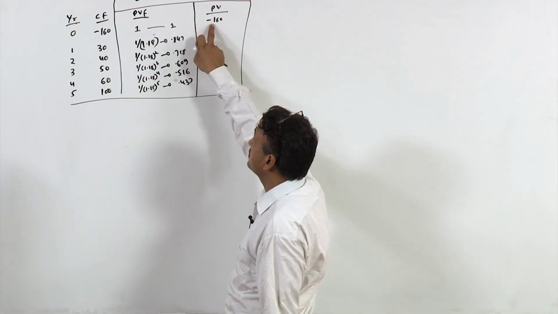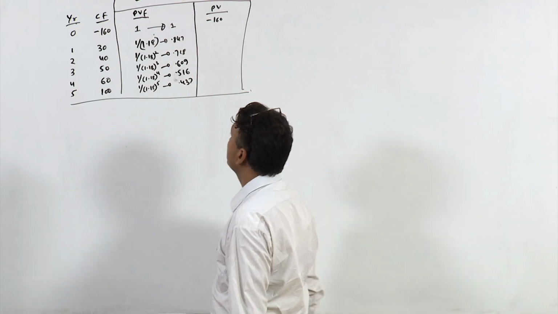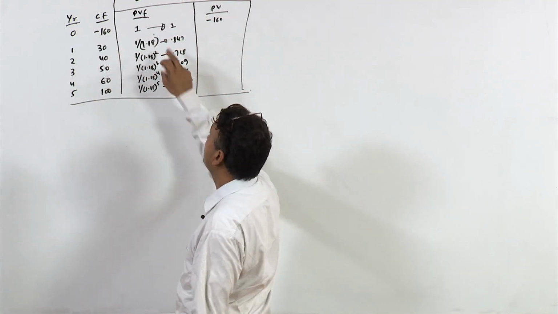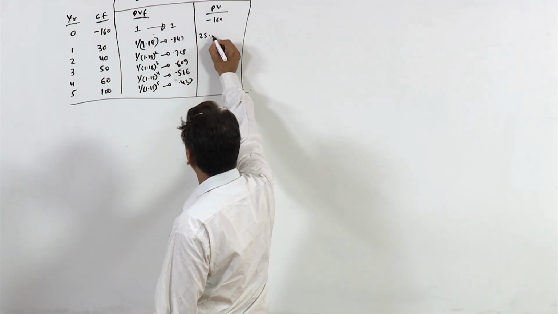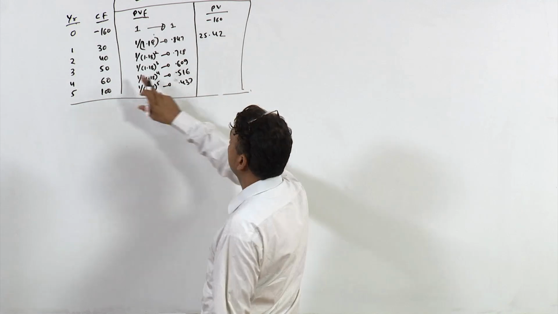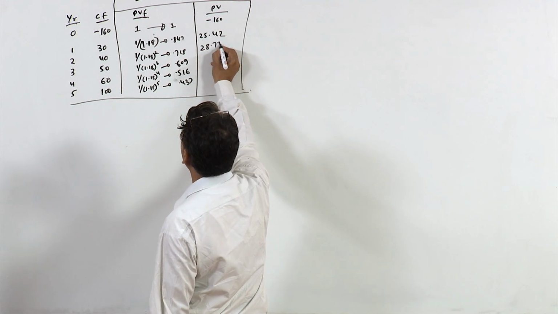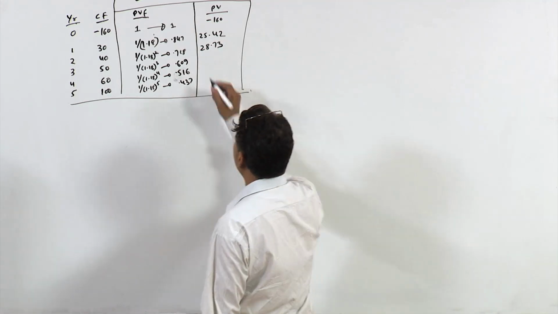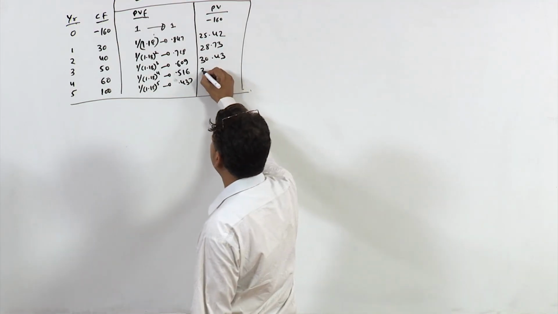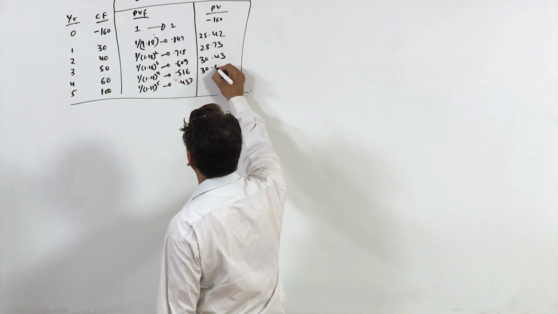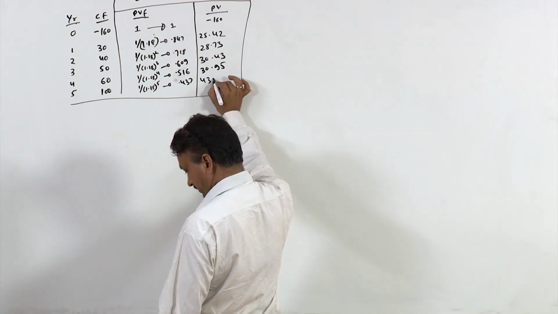So, initially it is 1 into minus 160. So, this is minus 160, 30 into 0.847, this is 25.42, then 40 into 0.718, this is 28.73, then you have got 30.43, then 30.95 and 43.71.